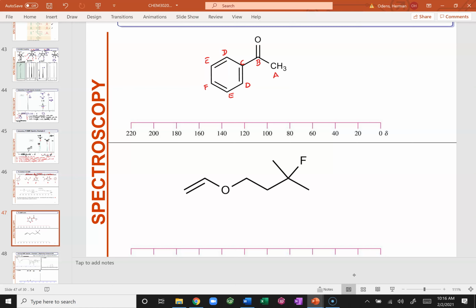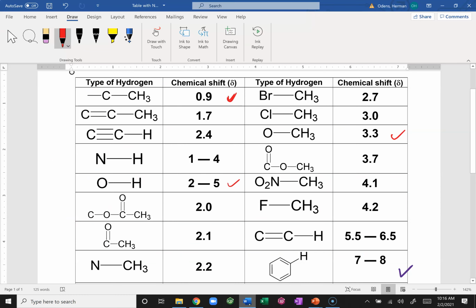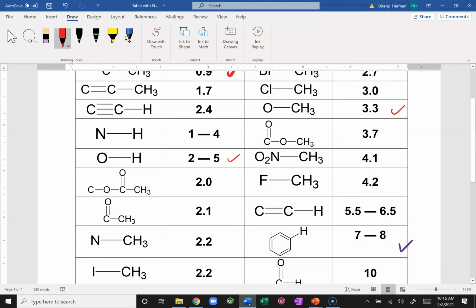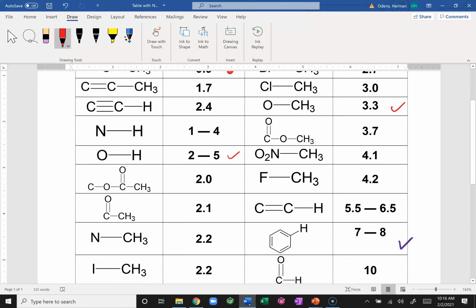All right. So let's assign these signals their approximate carbon signals. Let's start with A. So what would A be? What you will do is take these proton signals, whatever number you get, and multiply it by 20.